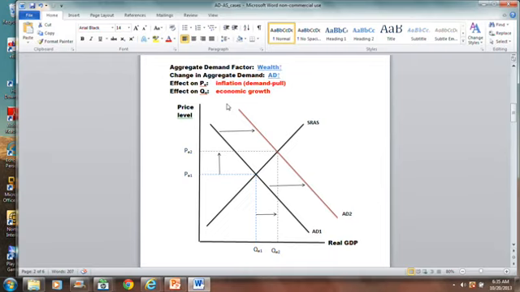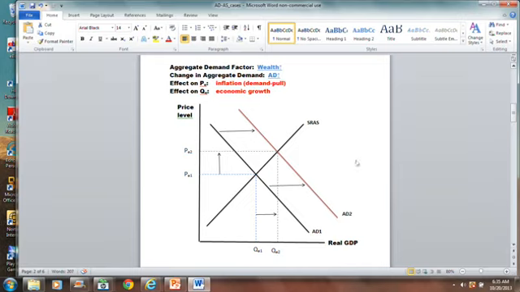So here you have inflation coupled with economic growth in response to the increase in aggregate demand. Now specifically, the type of inflation that we're identifying here is demand pull. And so whenever the aggregate demand curve shifts to the right and it pulls up the price level, that is graphically a depiction of what we talked about in the inflation material called demand pull inflation. So an increase in aggregate demand contributes to demand pull inflation.